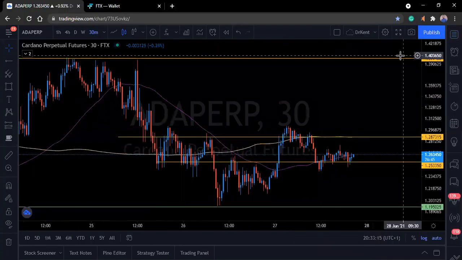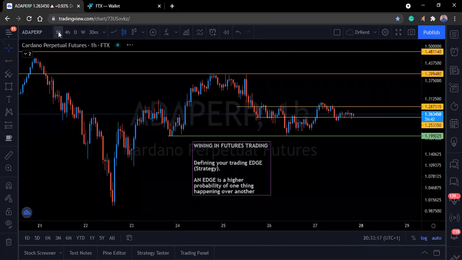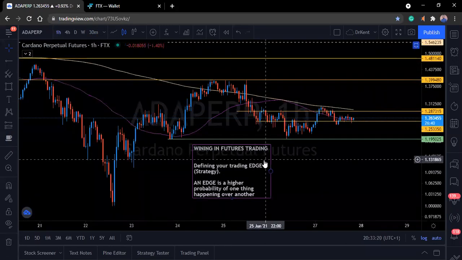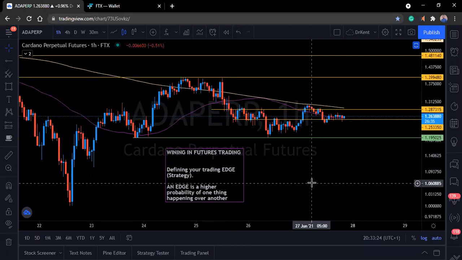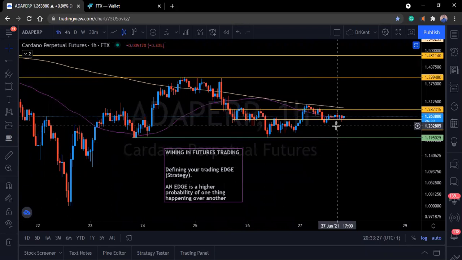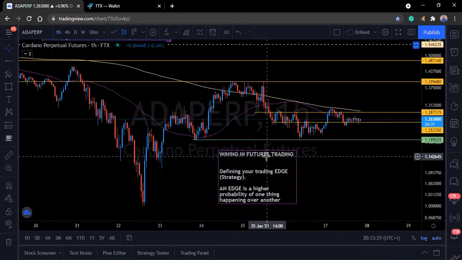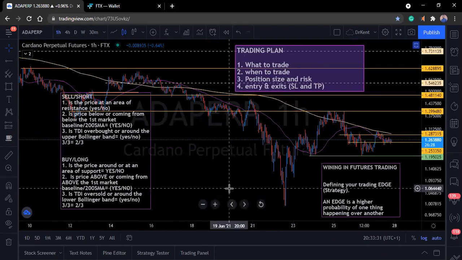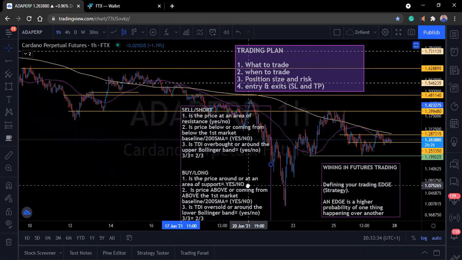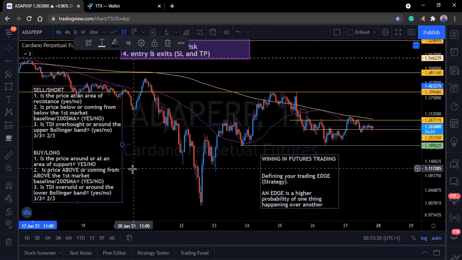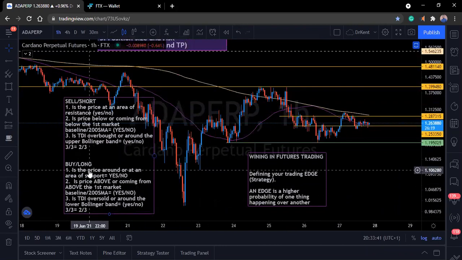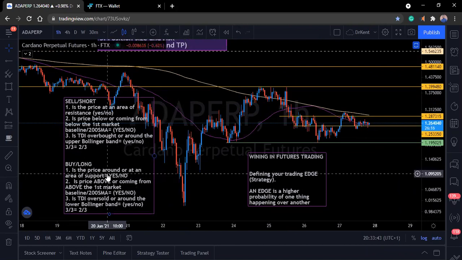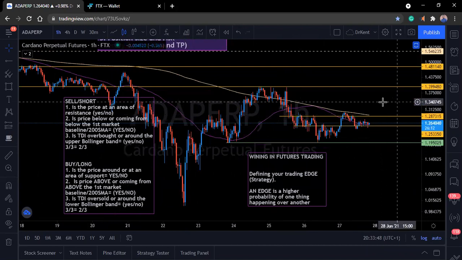Okay, let me share this. So yesterday, in our previous class, we looked at how to define an edge. Now, you've defined your edge. I'll only buy if these rules are fulfilled, and we came up with the rules for placing a buy trade, and we said to buy this market, this must happen: price must be at or around an area of support, you tick that.